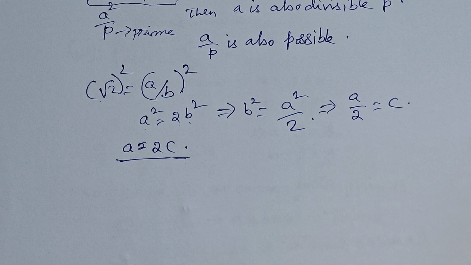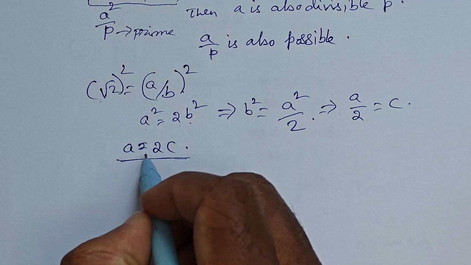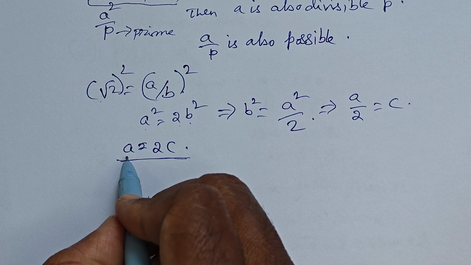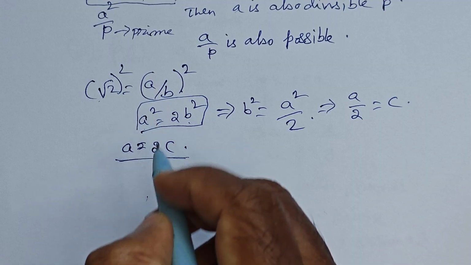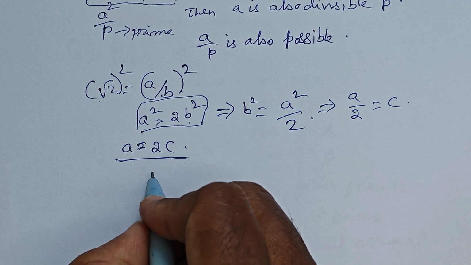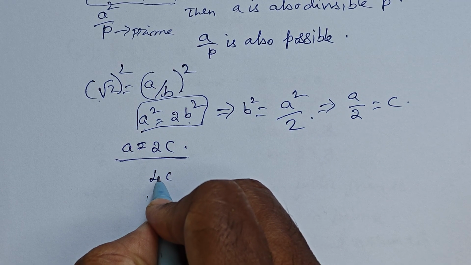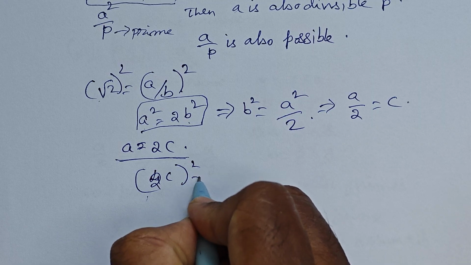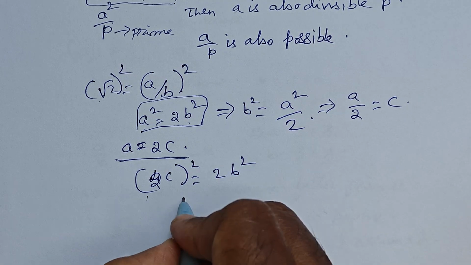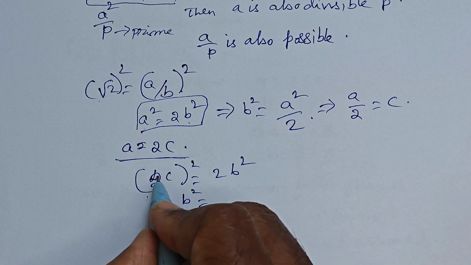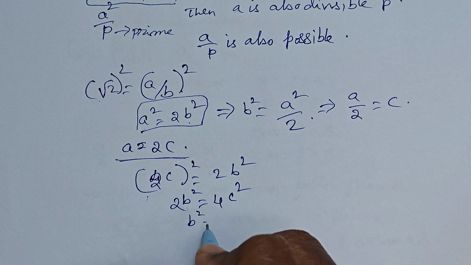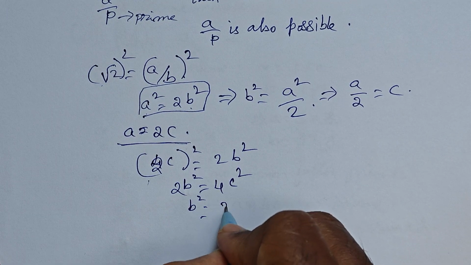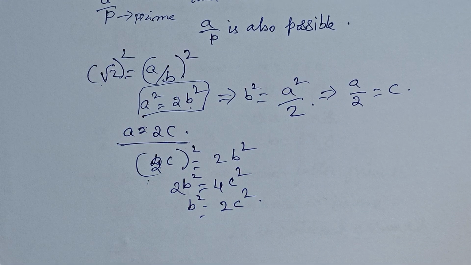So if we substitute the value in the original equation which we have squared, a square is equal to 2c whole square, which is equal to 2 times b square. So 2b square is equal to 4 times c square, and b square is equal to 2 times c square.